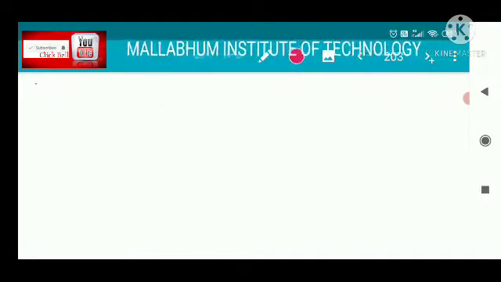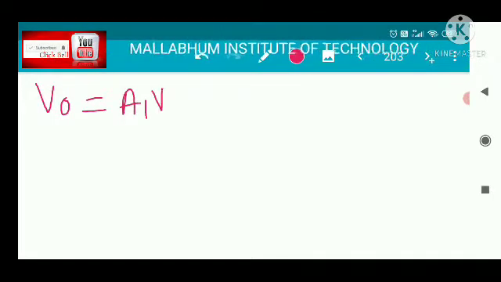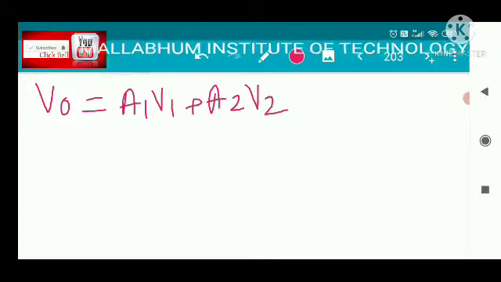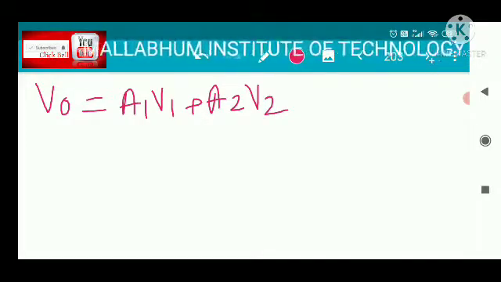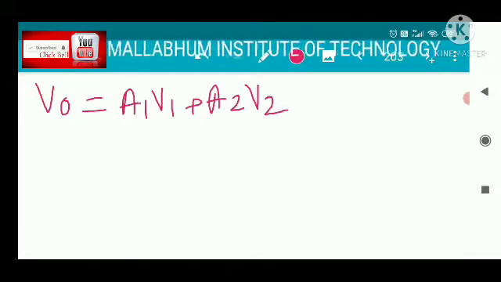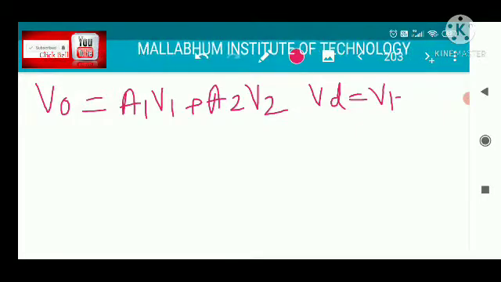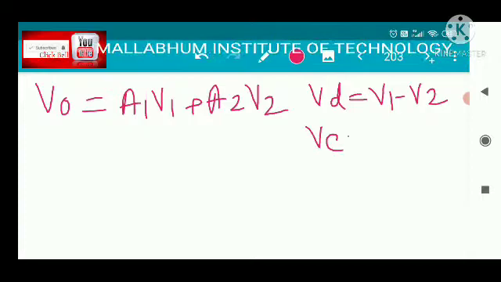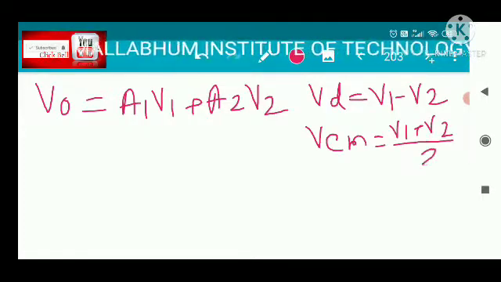We have also studied this equation, that V0 is A1 into V1 plus A2 into V2. We know VD is V1 minus V2 and VCM is V1 plus V2 divided by 2.